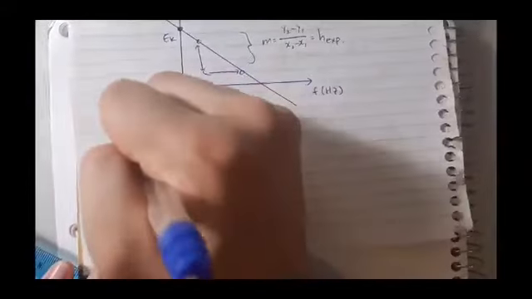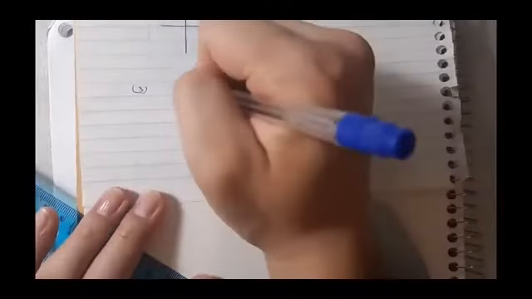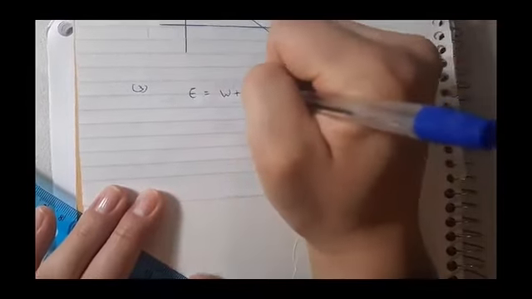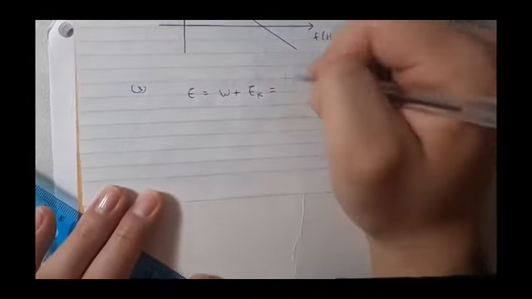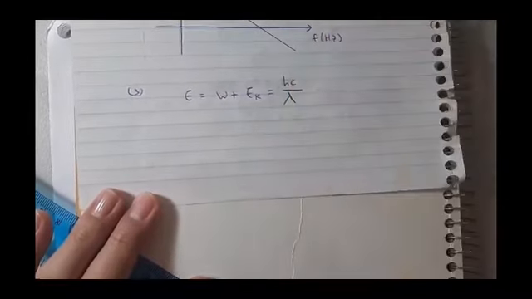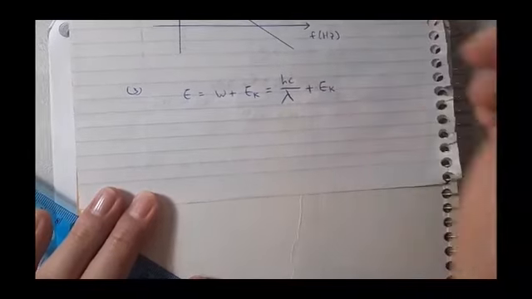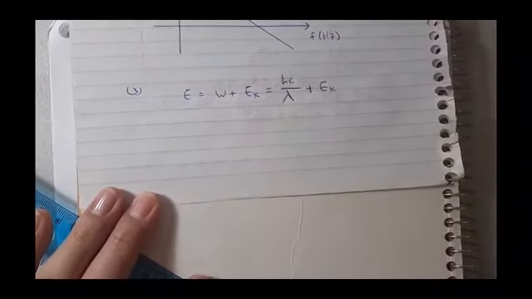Now, third. What if we are doing the exact similar situation? E is equal to W plus EK, but instead of a frequency perspective, we have lambda wavelength as a perspective.